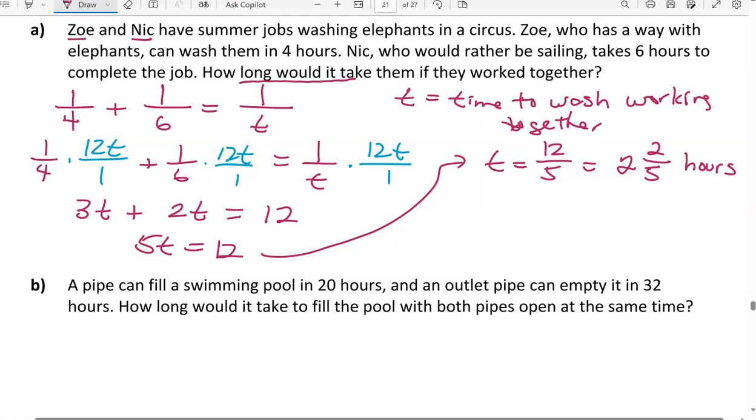Now, it's important to note that we can have 2 2/5 hours, or since 1/5 of an hour is 1/5 of 60 minutes, which is 12, then 2/5 of an hour would be 24 minutes. So we could say 2 hours and 24 minutes as well.